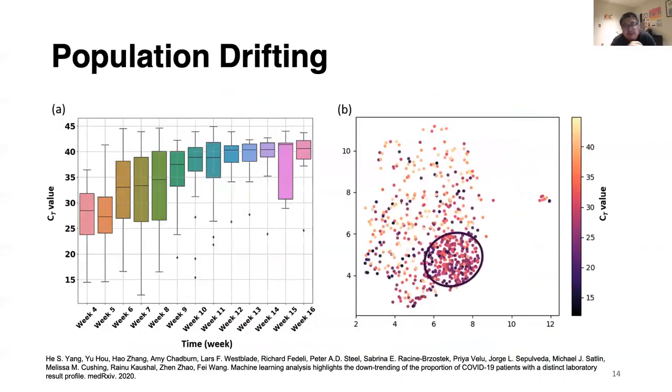But one problem is, as we said, our model is trained on the peak time in New York in our hospital. So we know at that time it was not the wide testing stage. So patients who could get the RT-PCR test had to be really sick. They had to have certain COVID-related symptoms.